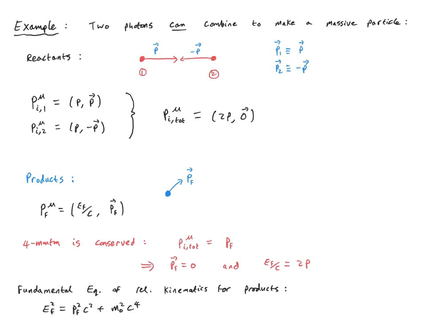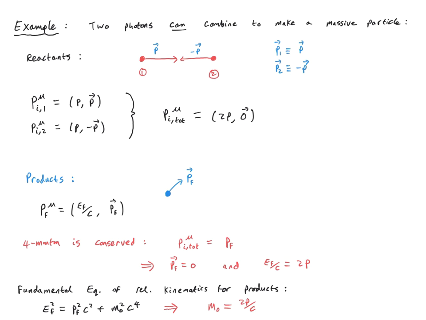So we again write down the fundamental equation of relativistic kinematics for the products, which is E_f squared is equal to p_f squared c squared plus m_0 squared c to the 4, and again m_0 here is the rest mass of the products. By substituting in that p_f is equal to 0 and E_f over c is 2p, we simply obtain the final result that m_0 is equal to 2p over c, which is finite.